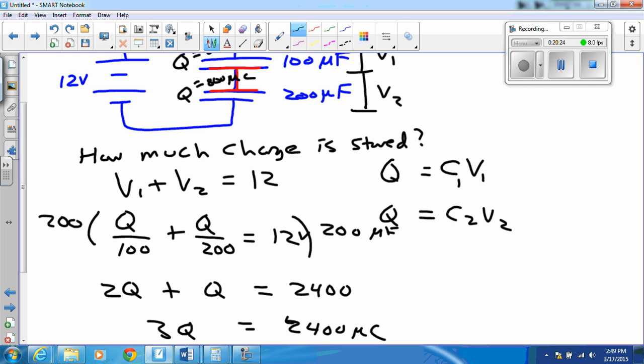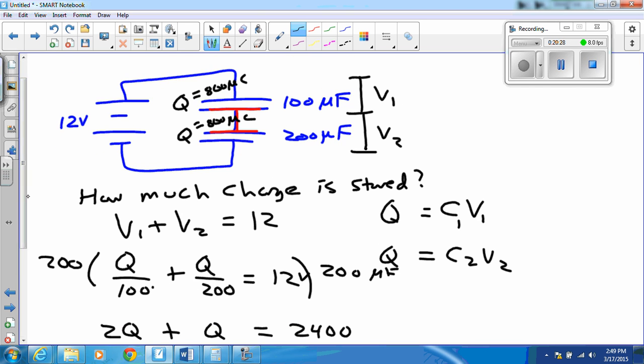Because Q is equal to CV, or in other words, V1 is Q over 100, then Q is 800 over 100, which is 8 volts. V1 is equal to 8 volts. And V2 is equal to Q over 200, which is 4 volts. And voila, they add up to 12. See? Cool. But a little bit more work.